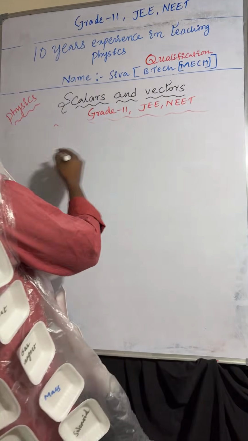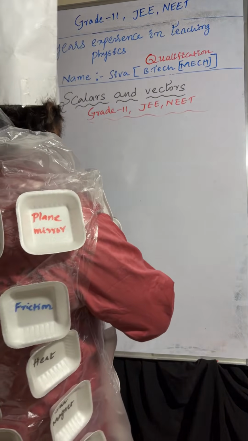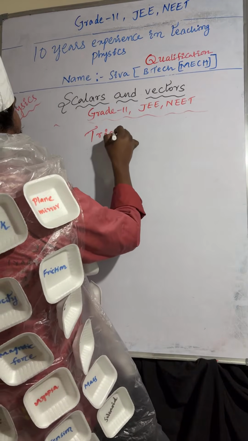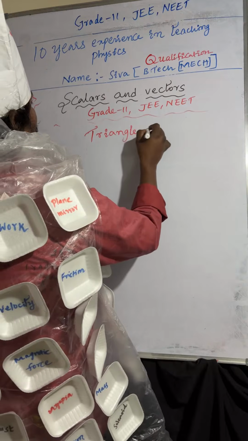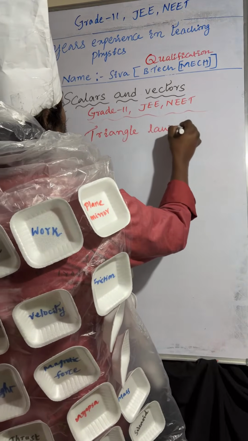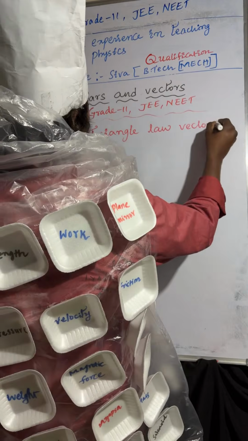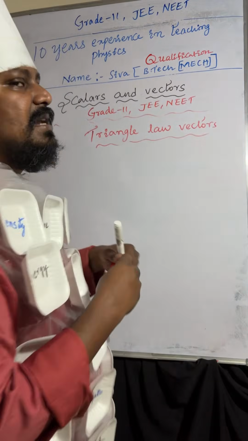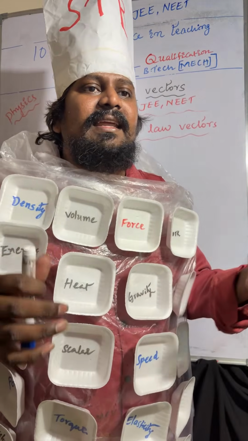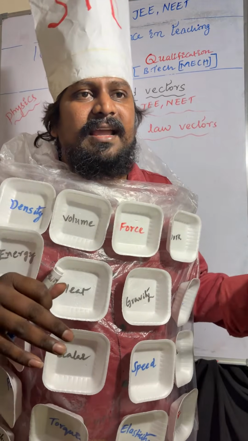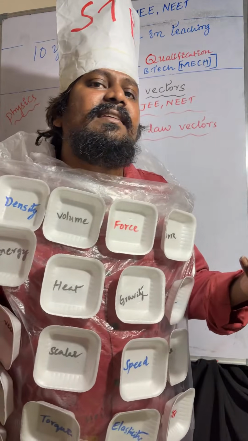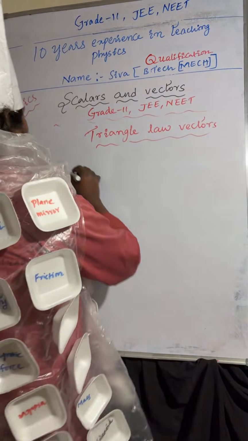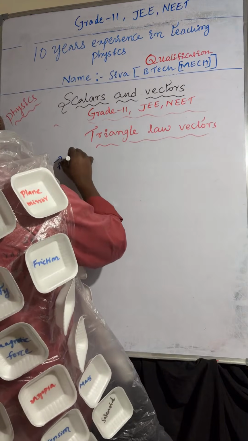So the triangle law of vectors. What do you mean by the triangle law of vectors? If two vectors are acting along two sides of a triangle, the third side is the resultant of the two vectors.